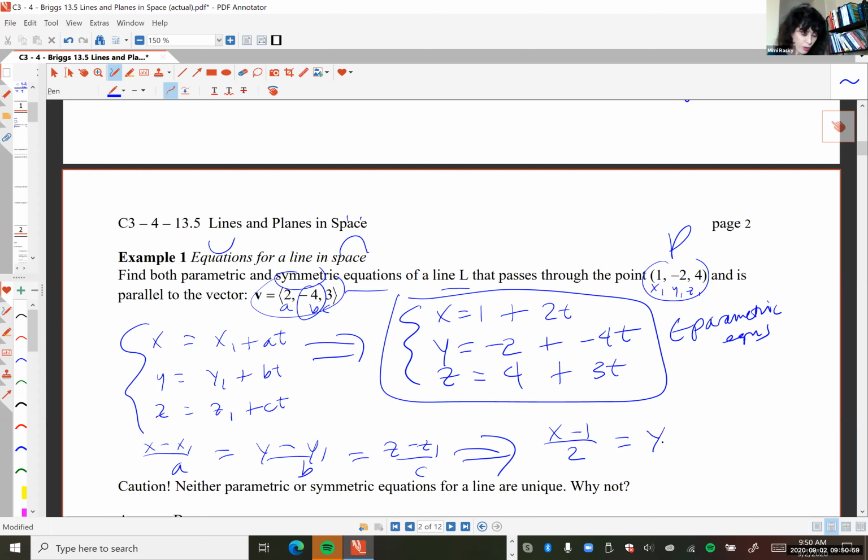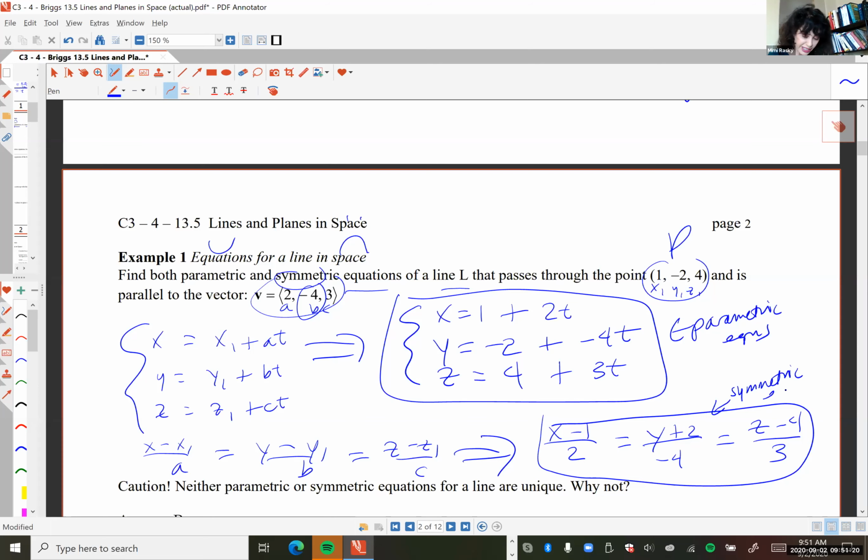That equals y minus negative 2, which is really y plus 2 over negative 4, and that's equal to z minus 4 over c, which is 3. And this version I don't like, but this is the symmetric equations. All right, you've seen it. There's an example.